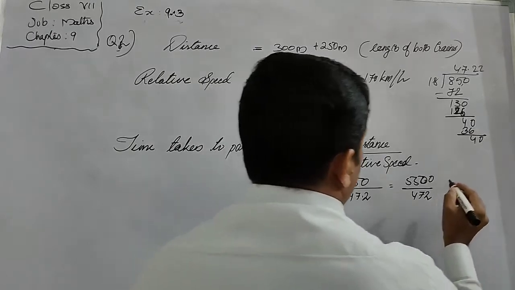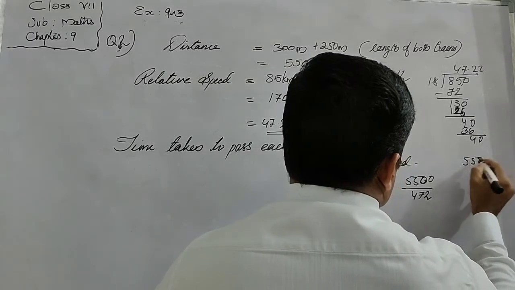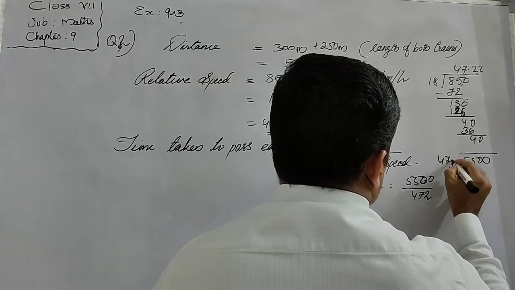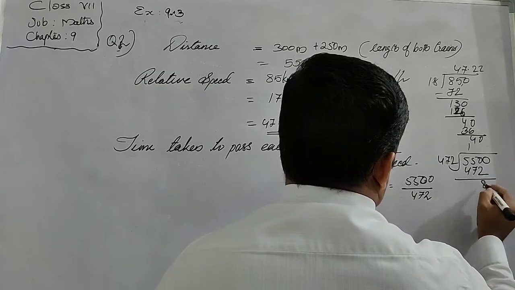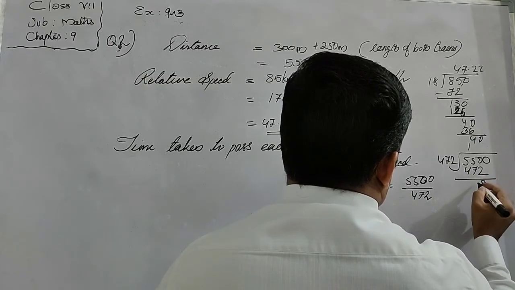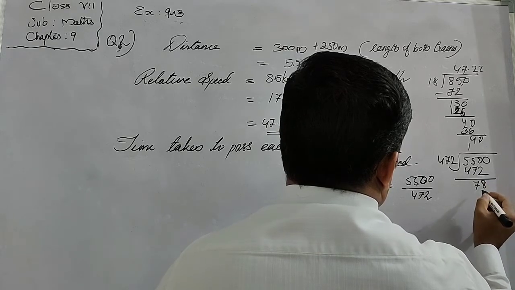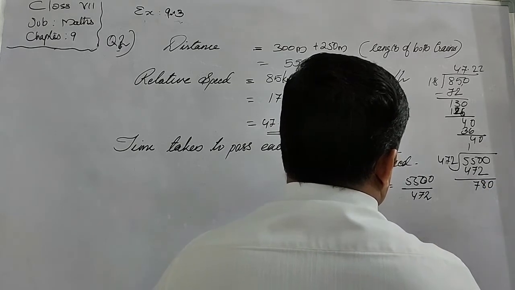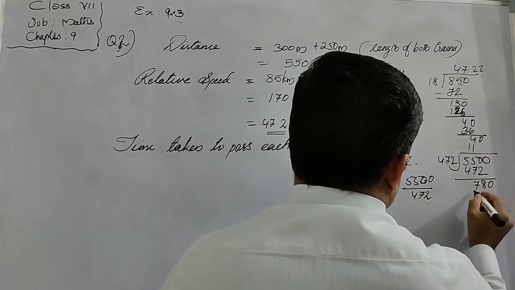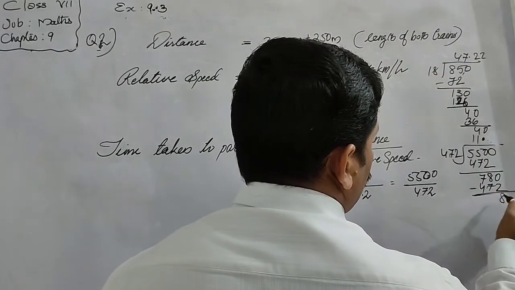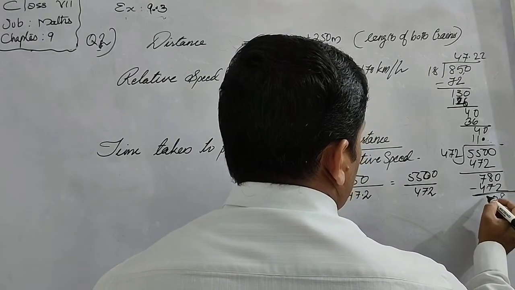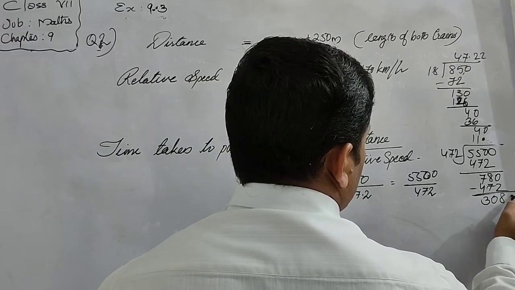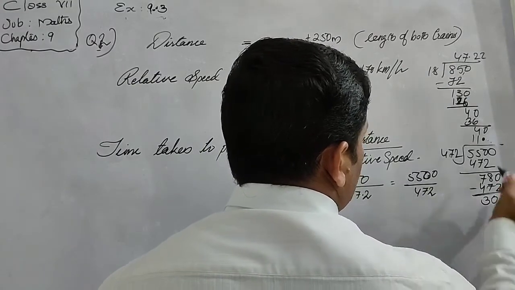So here we divide 780, also one time 472. 8 and 7 minus 7 is 0, and 7 minus 4 is equal to 3, 80 again.